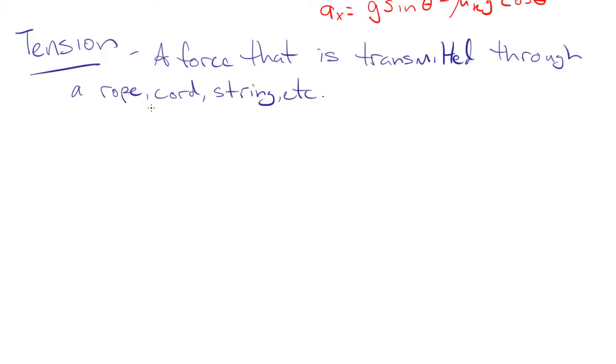But a couple of things to note about tension, at least as we treat tension in this course and most physics courses. We consider these ropes, cords, strings to be perfect. And I'll explain what perfect means. I'm just saying ropes, but I mean all of the things.